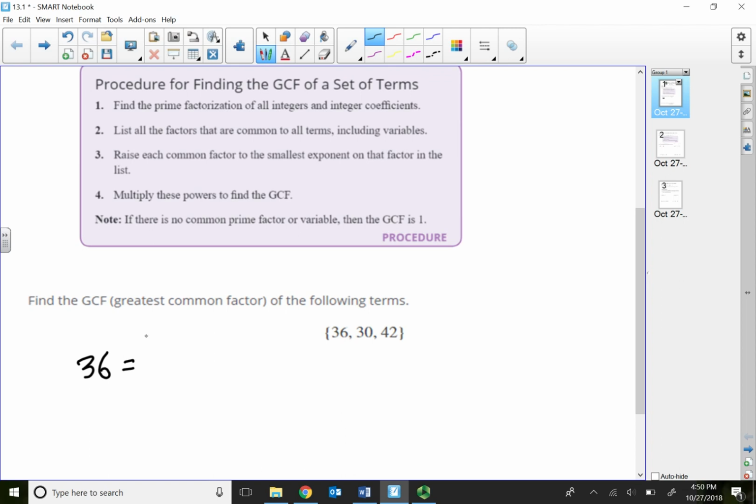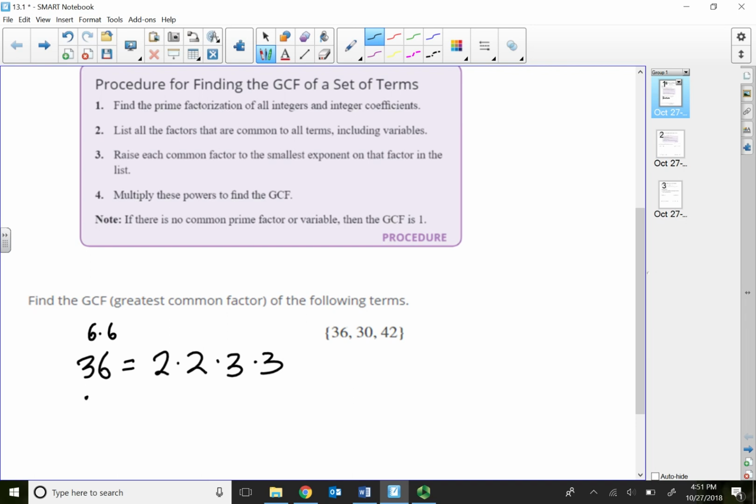Most of us know 36 is 6 times 6. Each 6 is made of the prime numbers 2 and 3. So 36 is basically 2 times 2 times 3 times 3. So that's using prime factorization.